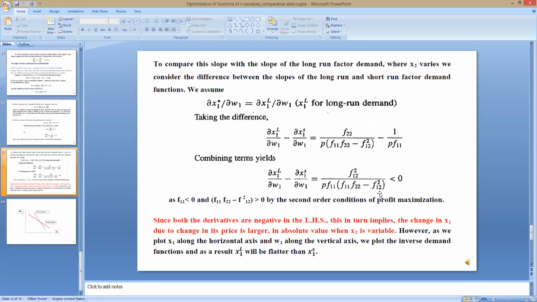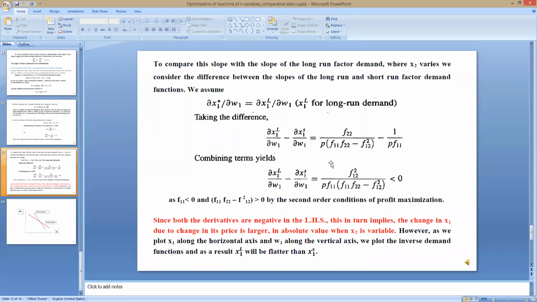Now, if you look at the expression, the numerator is always positive because it is a square term. In the denominator, F11 is negative by the second order condition, and the second expression, F11 F22 minus F12 square, is positive. And P is always positive. So the denominator is negative. Numerator is positive, denominator is negative.